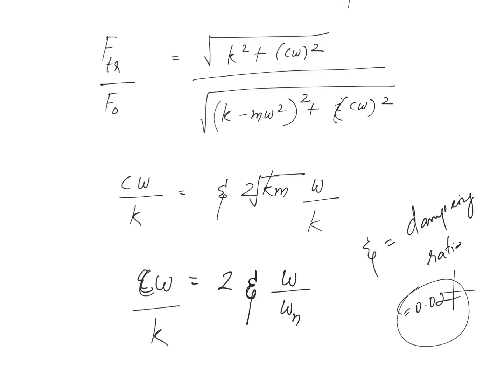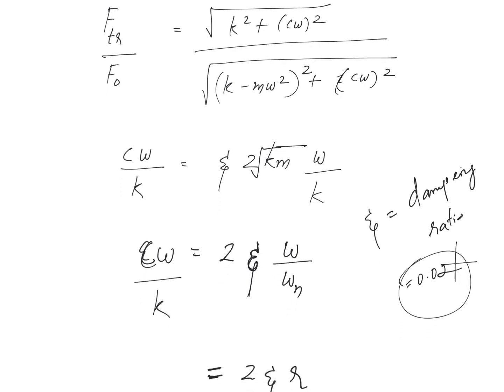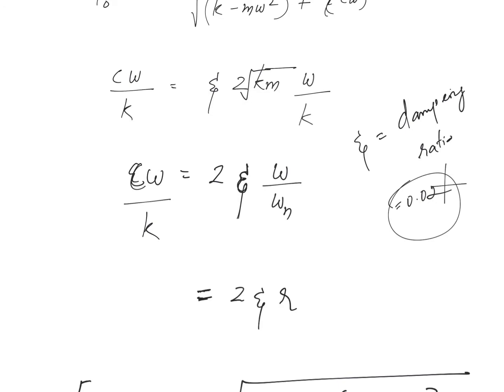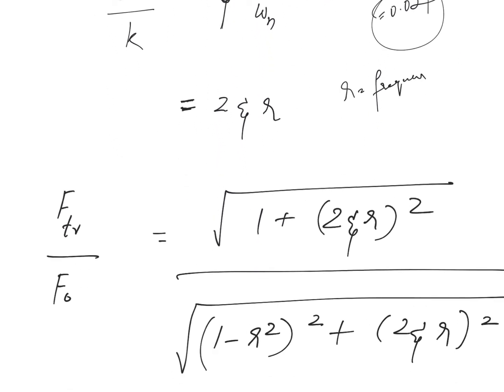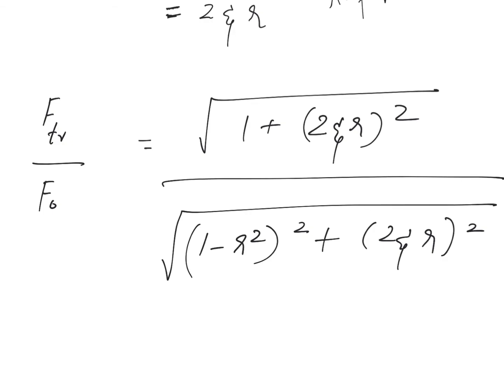Then we have another constant we are introducing now: little r is the frequency ratio. It is the ratio of your forcing frequency to that of the natural frequency of the system. Make sense? And c omega by k equals 2 zeta r. Now bringing in these two things, the expression for the transmissibility ratio, or the ratio of force transmitted to the initial excitation force, will assume this form.